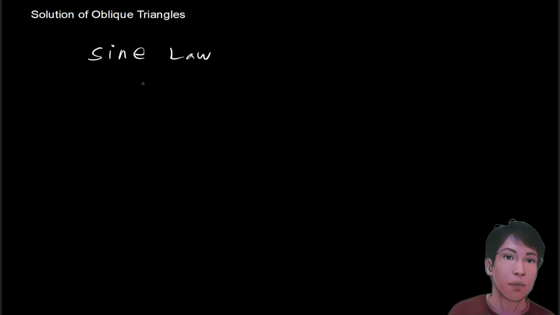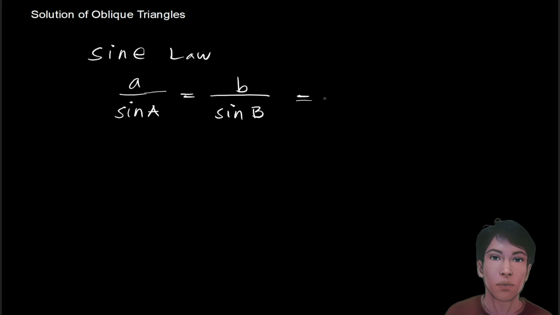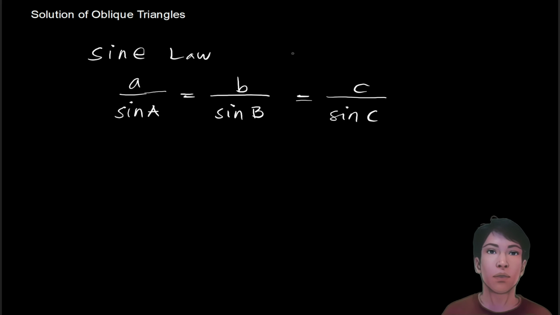For an oblique triangle, we have a over sine a, equivalent to b over sine b, equivalent to c over sine c. So the oblique triangle can be like this.